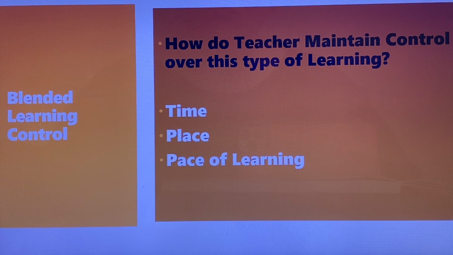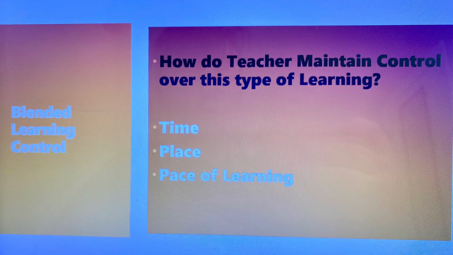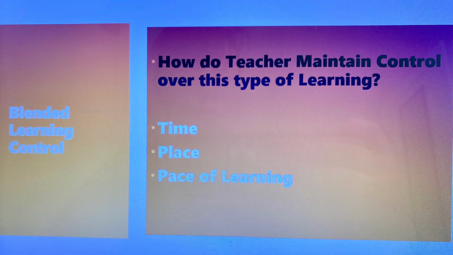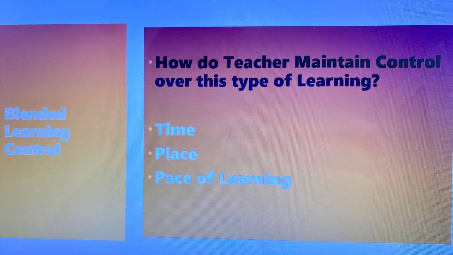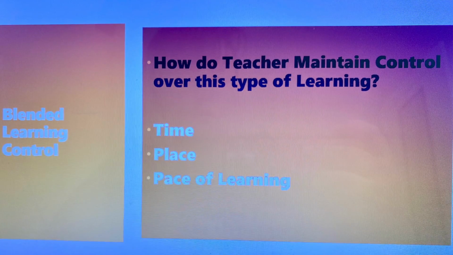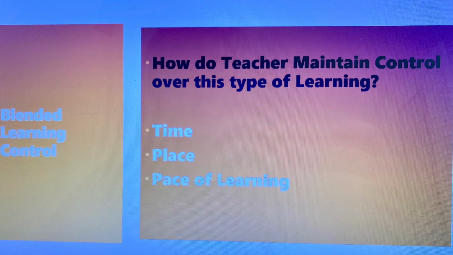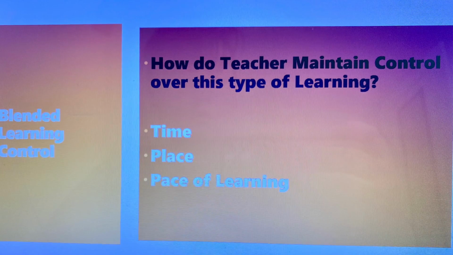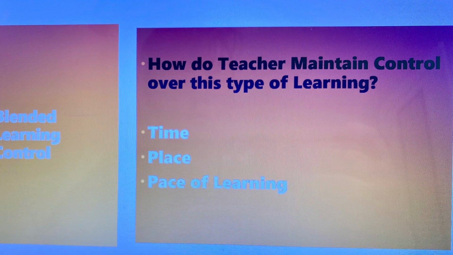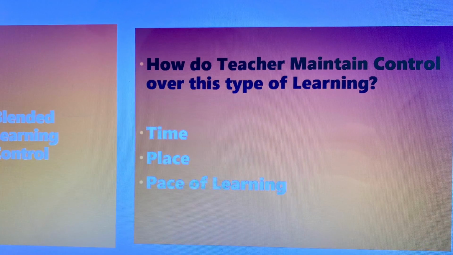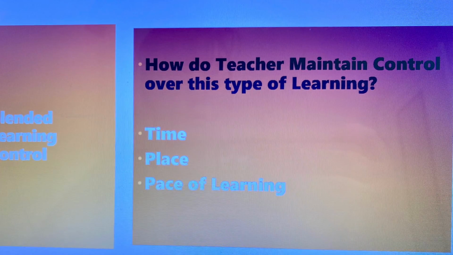Teachers normally set the time, they set the place or the environment in which the learning takes place, and they pace the learning so that students and teachers can both track and meet the objectives set out in the lesson so that learning can take place effectively.